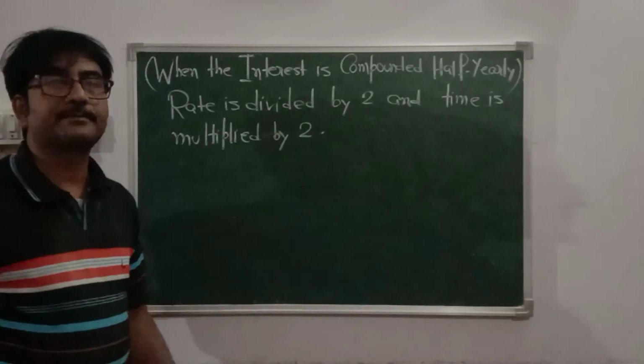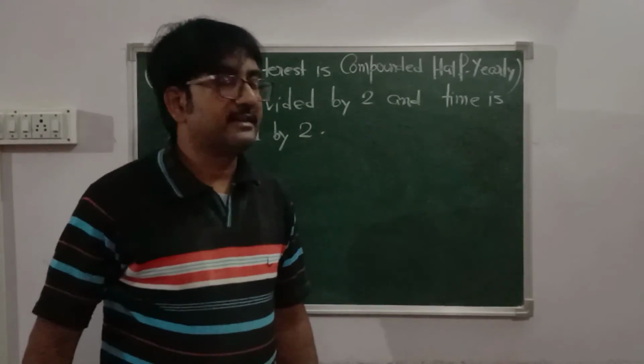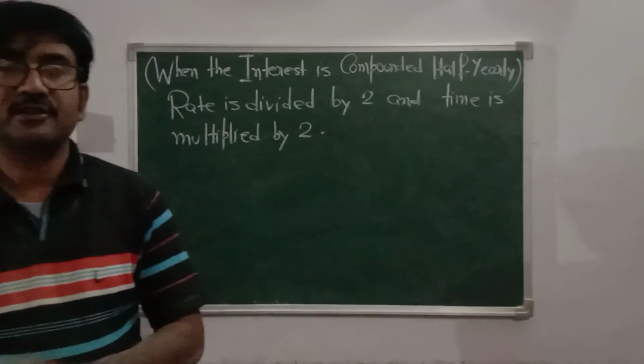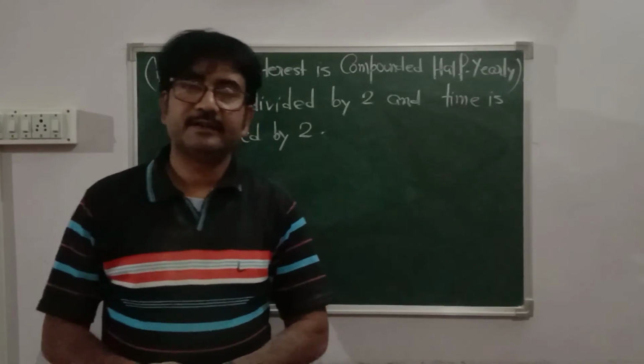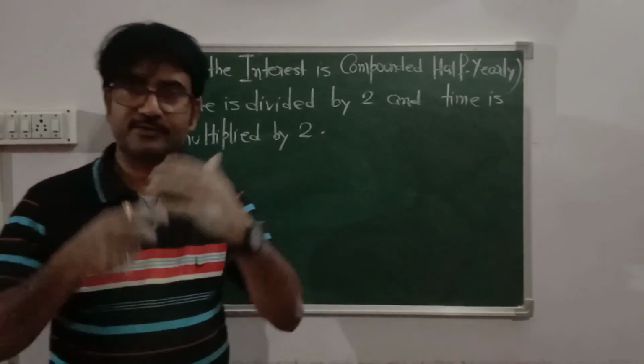So if it is mentioned that it is compounded half yearly, that means the conversion period is 6 months, and that means after every 6 months the interest will be calculated.